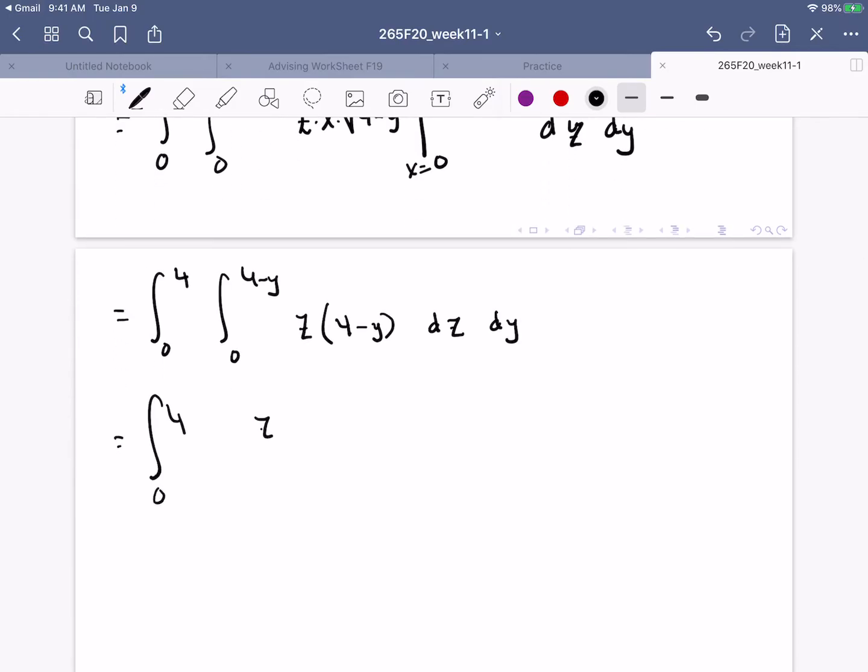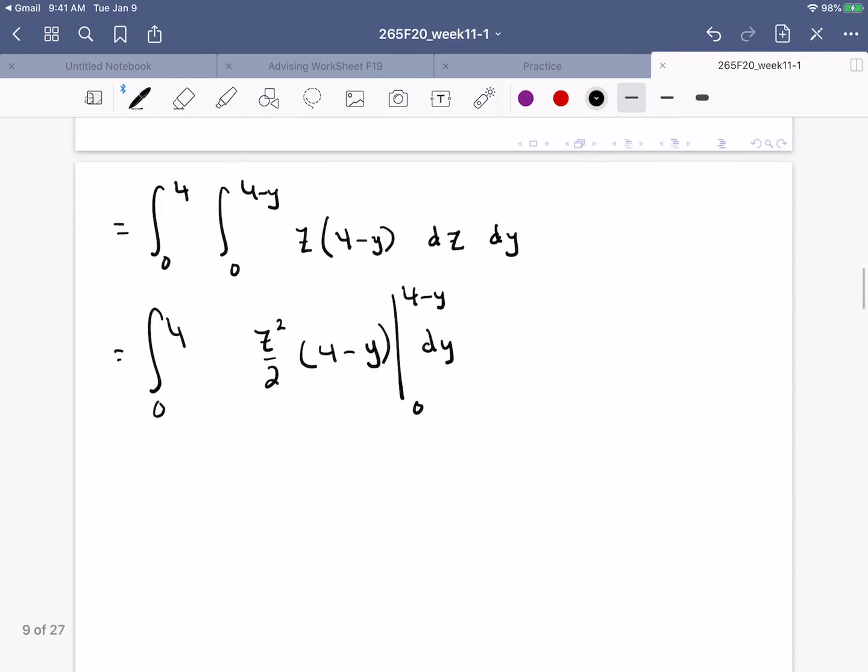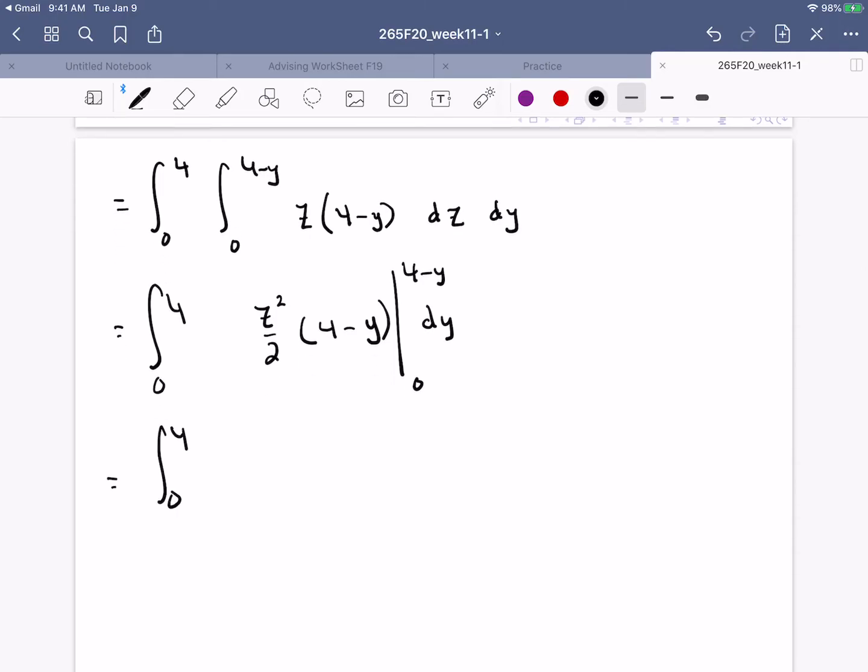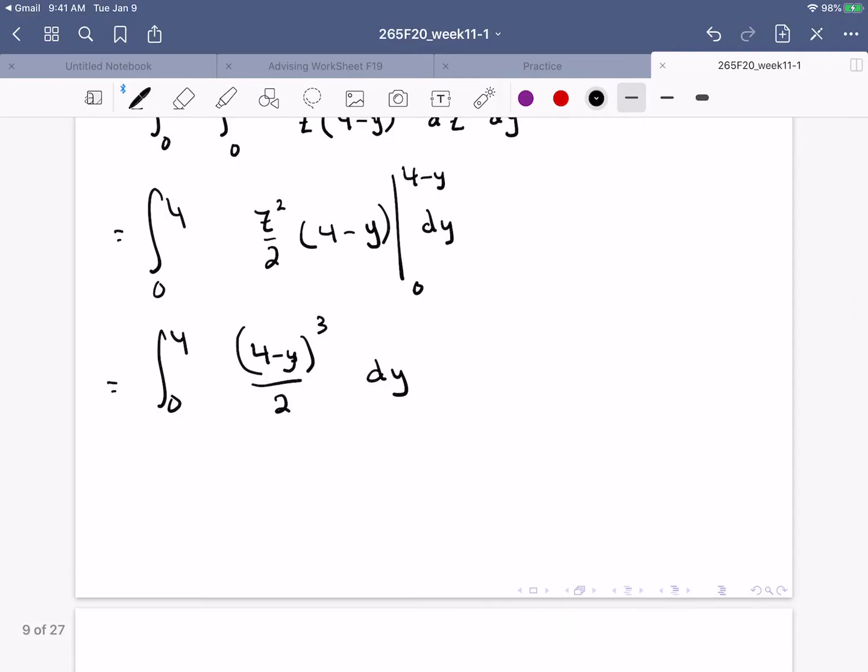So then this is going to be z squared over 2. 4 minus y will be considered a constant. And I'll evaluate that from 0 to 4 minus y. So this becomes (4 minus y) to the 3rd power over 2 dy. Integrating this is going to be negative (4 minus y) to the 4th power over 8, evaluated from 0 to 4.